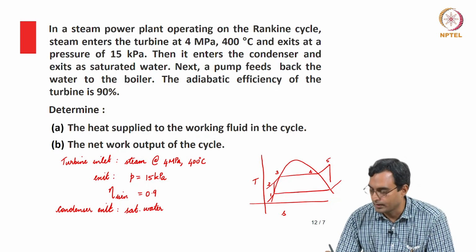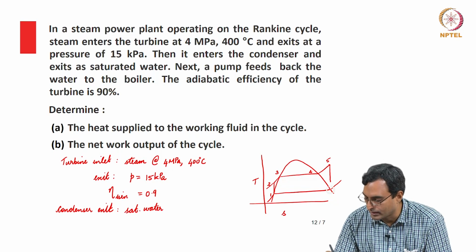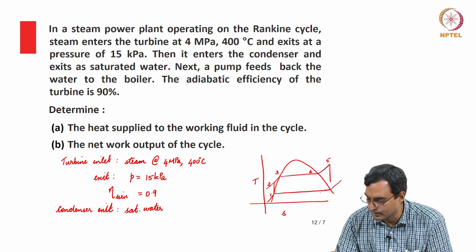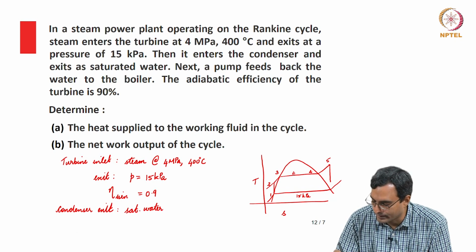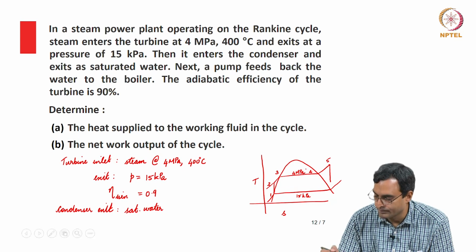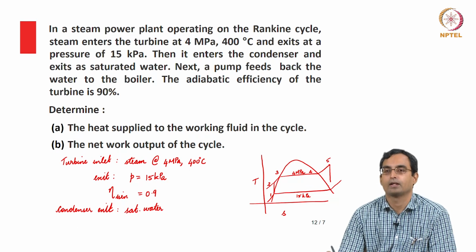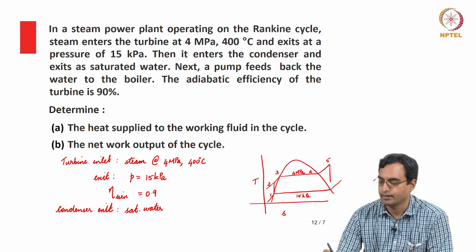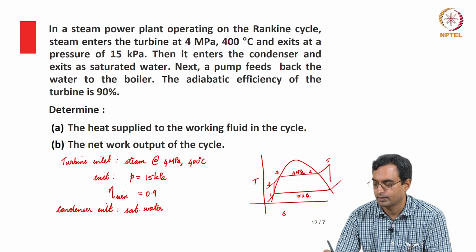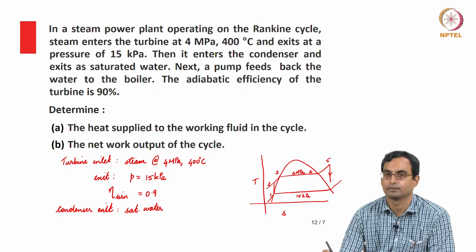So, what I am going to do is find out the entropy on this constant pressure line. This is 15 kilopascal, this is 4 megapascal. I am going to find out the entropy on the vapor line on the 15 kilopascal line and then compare it with the entropy on this line going down from 5.